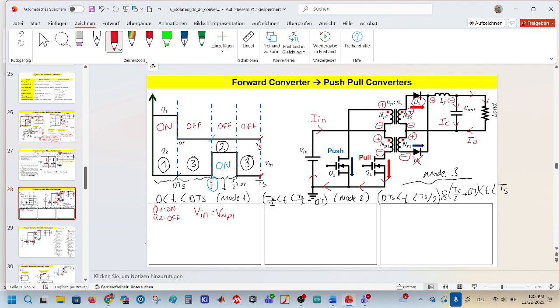We can define V NS1 should be equal to, these two voltages are the same, they are equal, and the reflection of the primary side to the secondary side times transfer ratio, times n.